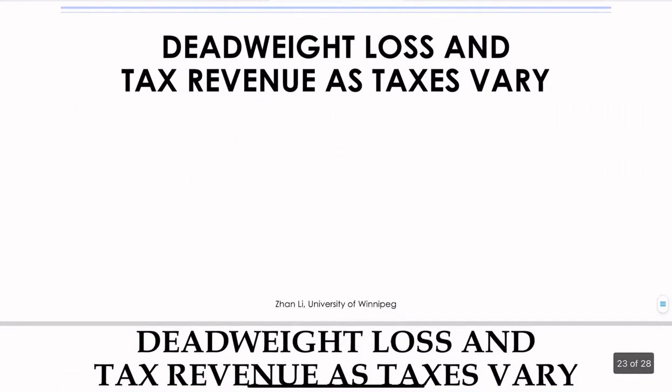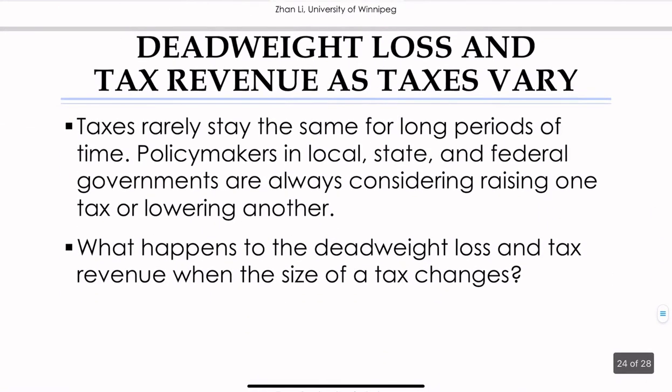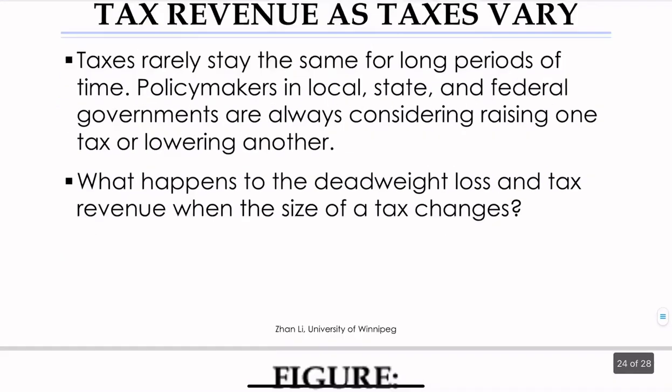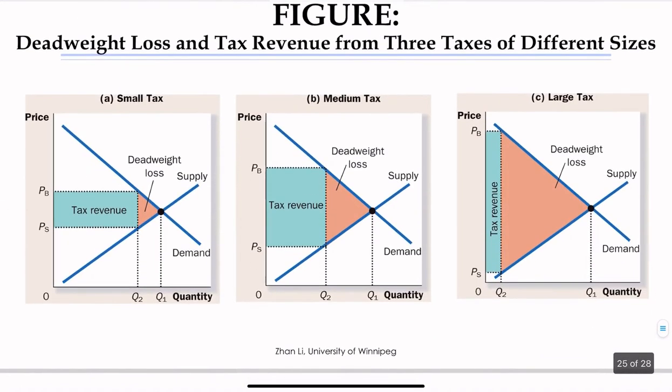Okay. Now let's look at a very interesting result. That is how deadweight loss and tax revenue will change if we change the tax. So to understand this, let's just look at this very simple picture. We are comparing three different kinds of taxes: a small tax, a medium tax, and a large tax.